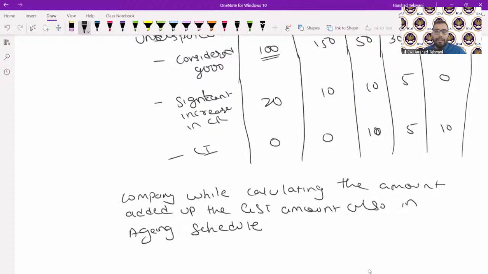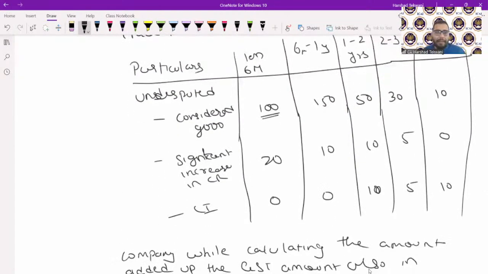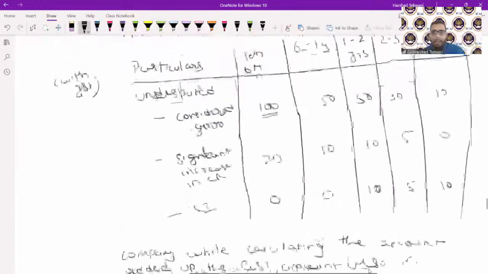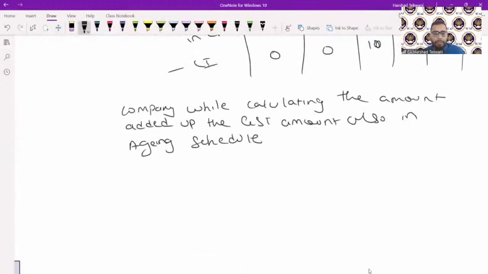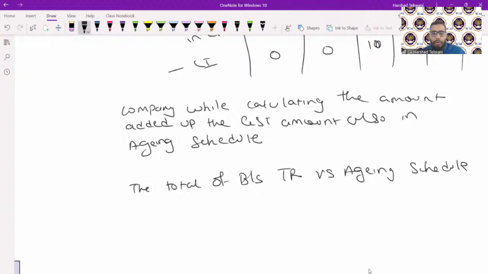So these numbers are with GST. And the total of the balance sheet trade receivable versus the aging schedule were different.